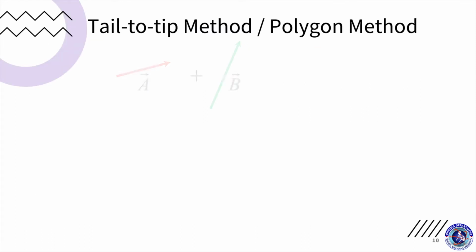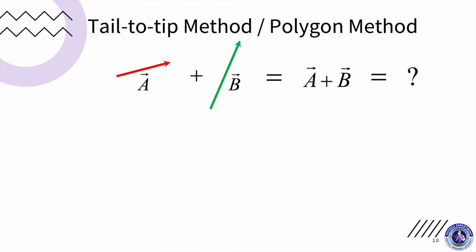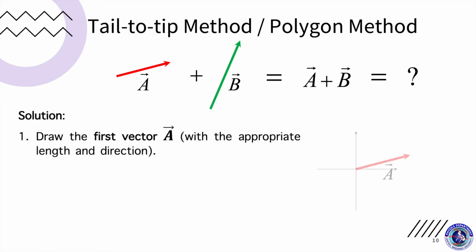So when we say Polygon method, for example, I have here vectors A and B to be added, and I'm asked to find its resultant vector. So first things first is that, yes, you'll graph the vector with its proper magnitude or iyang length and even the direction.